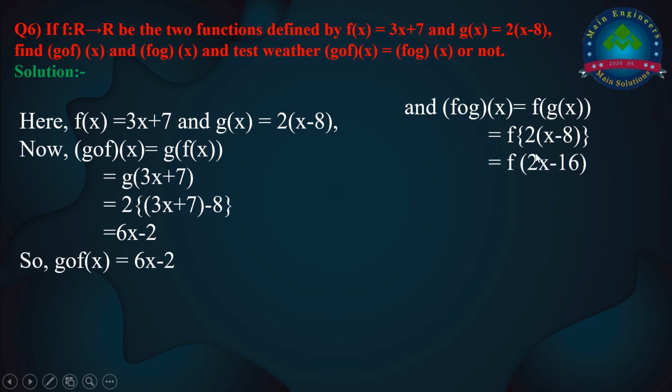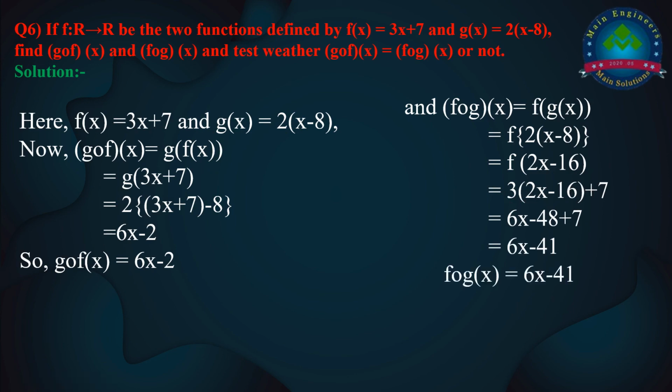So it becomes 3 into x, in terms of x we have to write 2x minus 8, plus 7. Let's solve it. 6x minus 24 plus 7, 6x minus 17. So f of g(x) is equal to 6x minus 17.